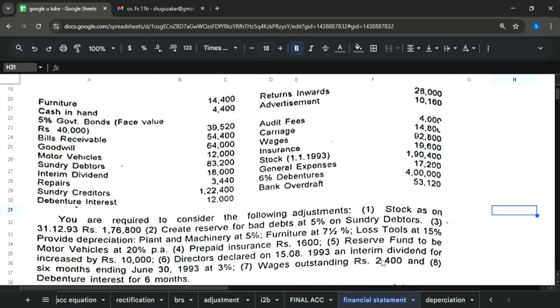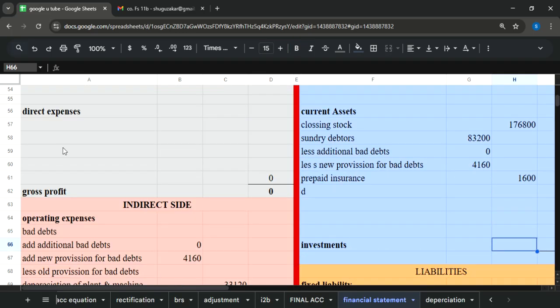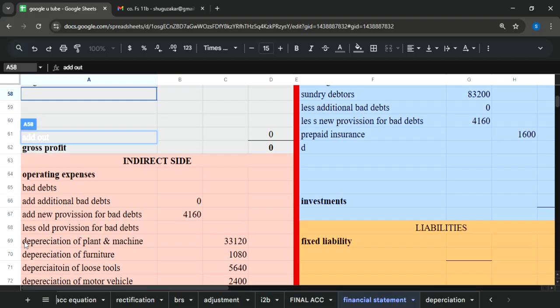Now, wages outstanding. Next, we'll go to the first part, the direct side, and there we will record outstanding.